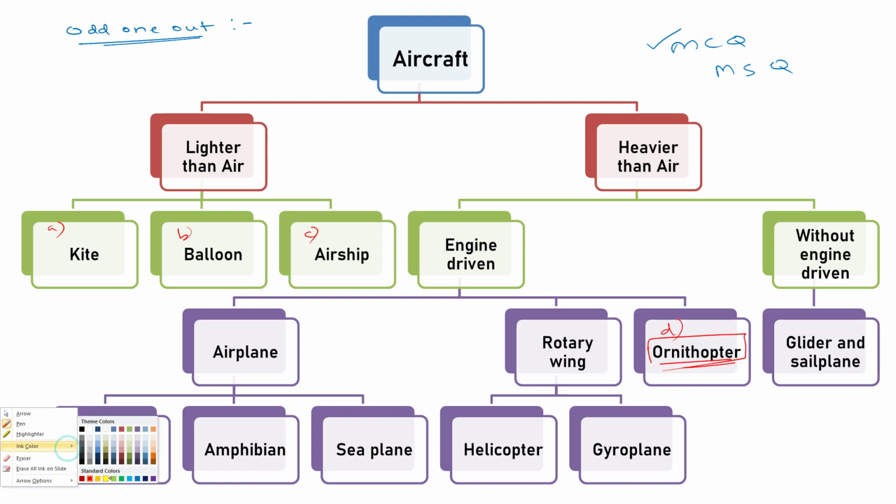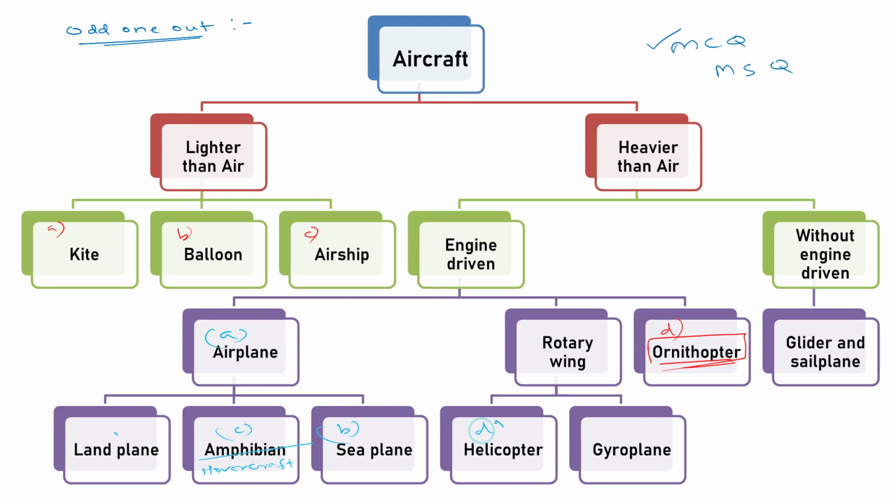Another type of question can be similar. They might ask you to pick the odd one out among options like airplane, seaplane, amphibian or hovercraft as option C, and the other one helicopter.